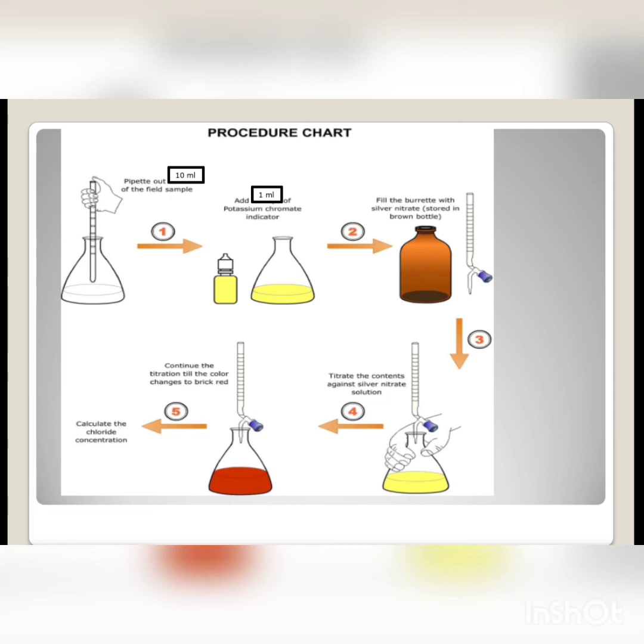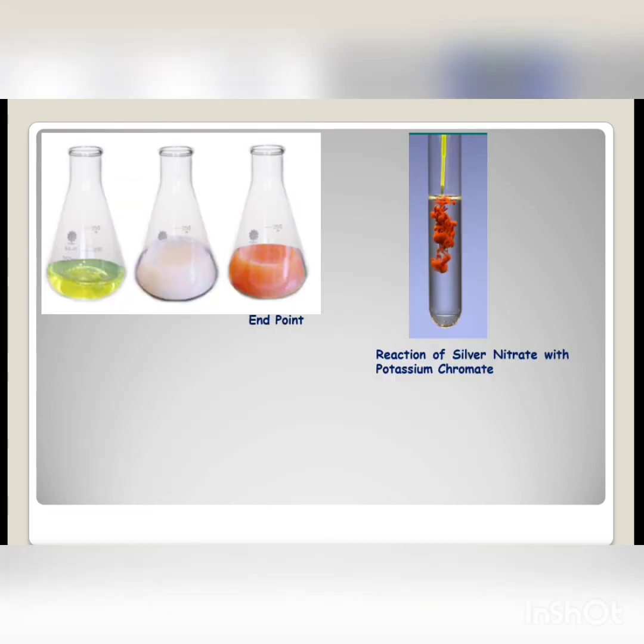showing how to do the experiment. First of all we have to pipette out the sample, and take the diluted sample solution in a conical flask. In that we have to add 1 ml of potassium chromate indicator, and because of the addition of potassium chromate indicator the solution will be yellowish in color, which is shown here.